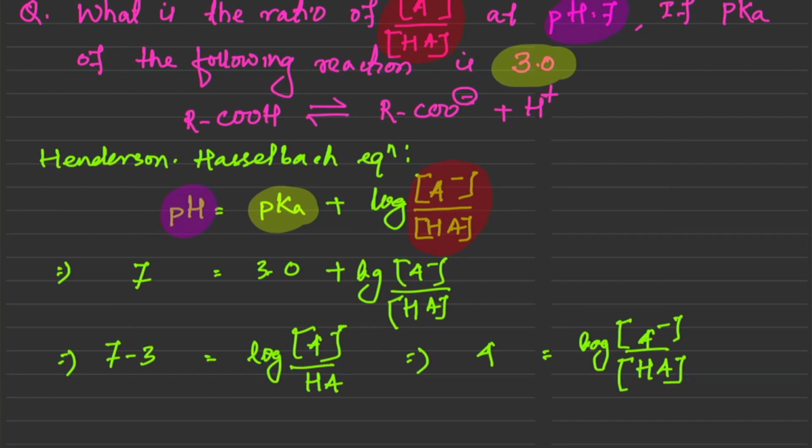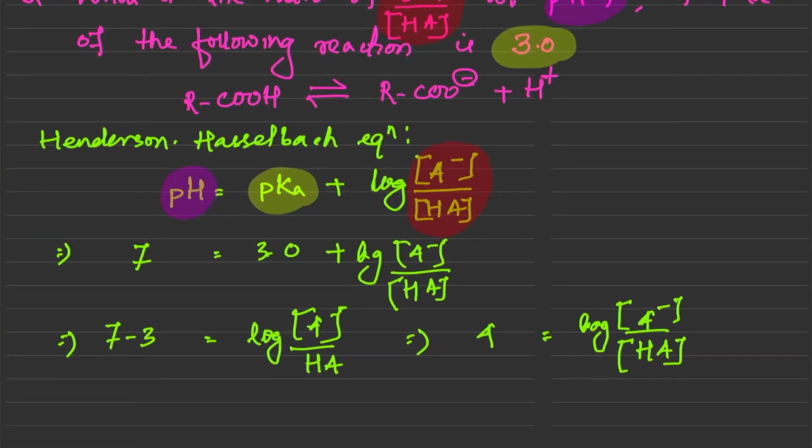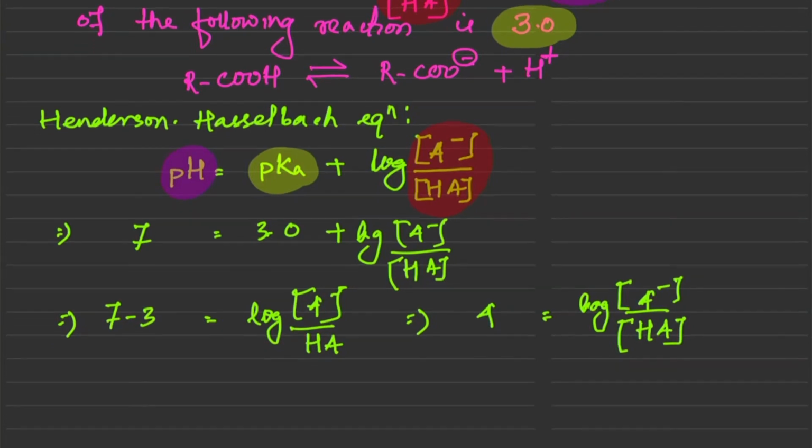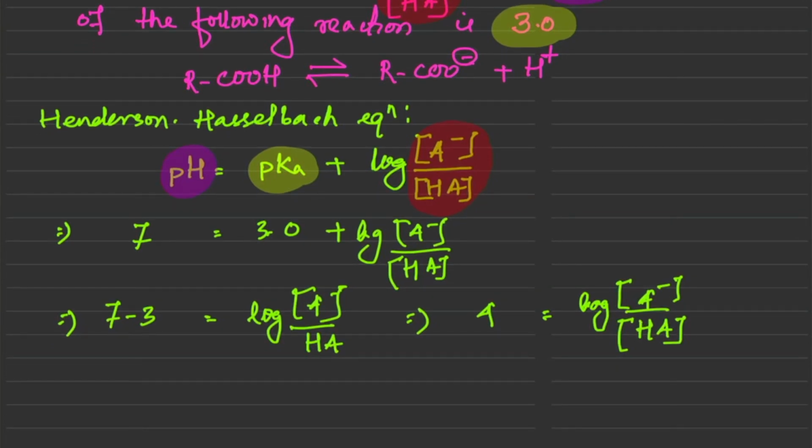At this point, you notice we have solved up to the final step. Now we just have to get rid of our log. Since it's base 10, we can take the antilog of 4, and that will cancel out the log. So 10 to the power 4 is A minus by HA.